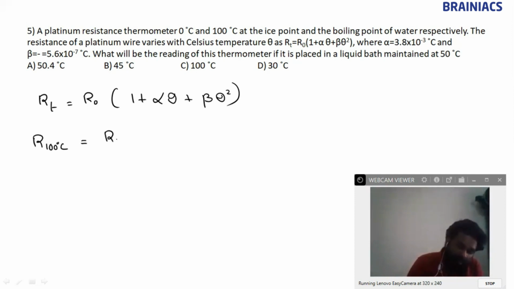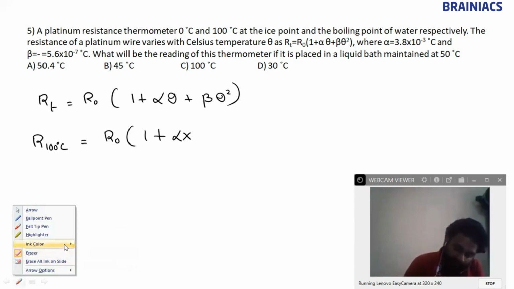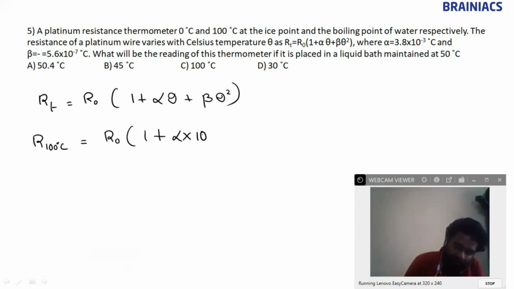This is equal to R naught into 1 plus alpha into, sorry, not 50, 100, alpha into 100 plus beta into 100 square.